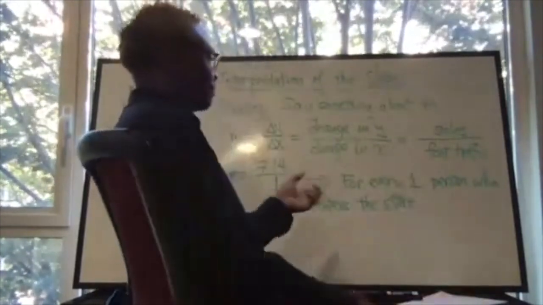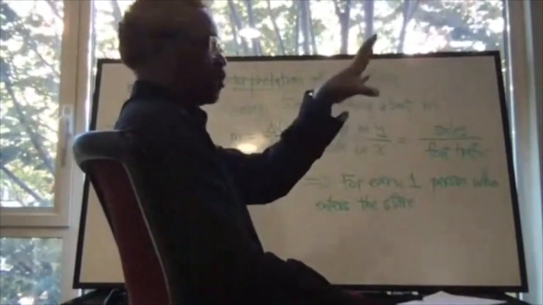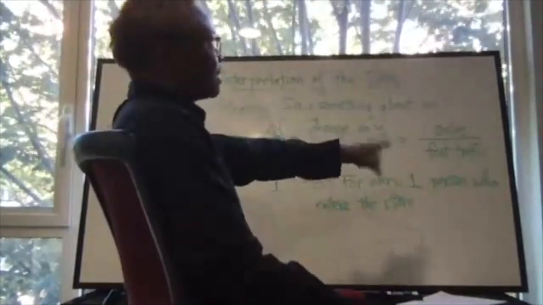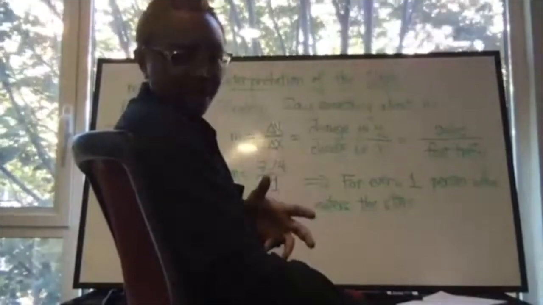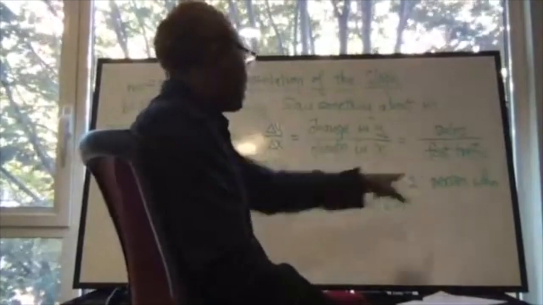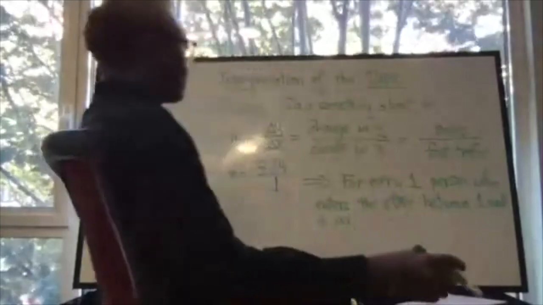Now, where is this coming from? What I'm doing is I'm going back up to the paragraph that tells you about the problem before it enters the data. And remember, foot traffic was how many people came into your store between 1 and 2 o'clock. So for every 1 person who enters the store between 1 and 2 o'clock, comma.